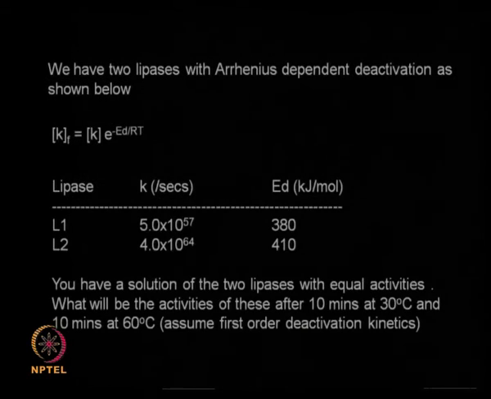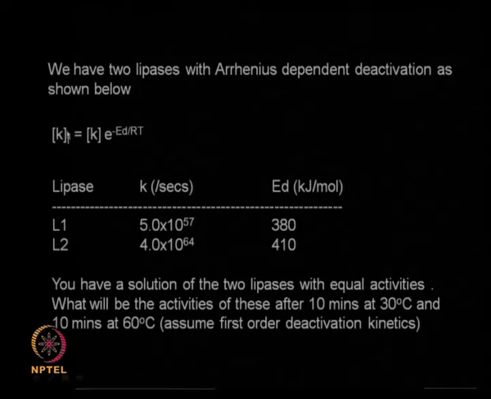Let us look at a problem related to the deactivation of an enzyme when we go to higher temperature. Generally we can assume an Arrhenius type of deactivation parameter. This is a typical Arrhenius type of relation, you might have studied it in school itself, right.